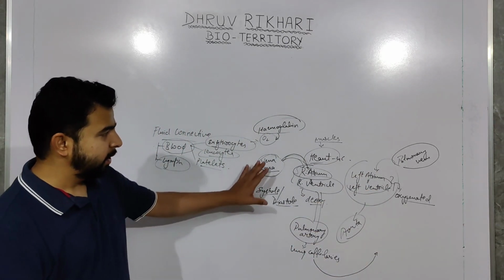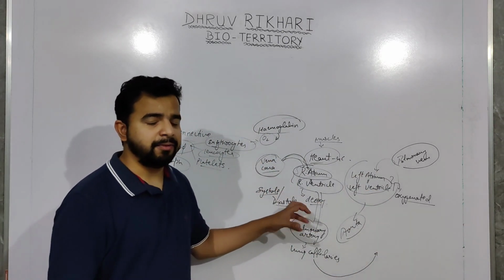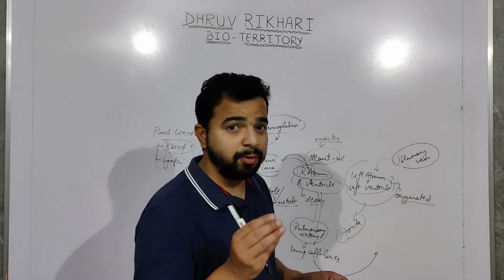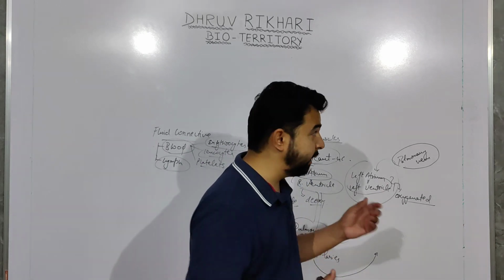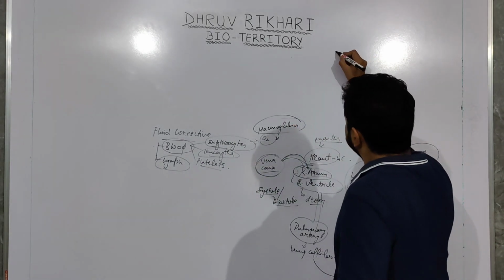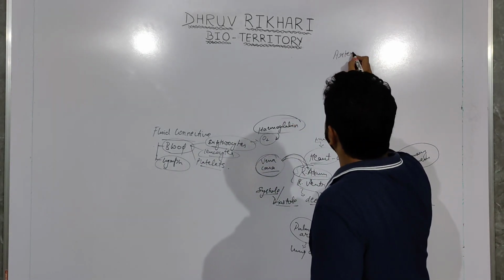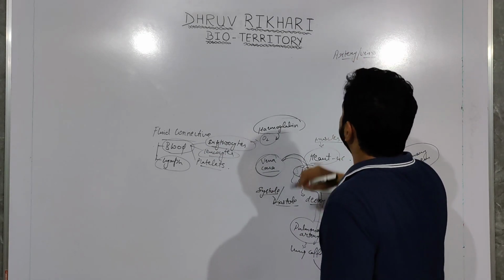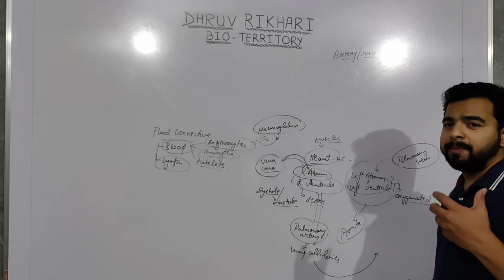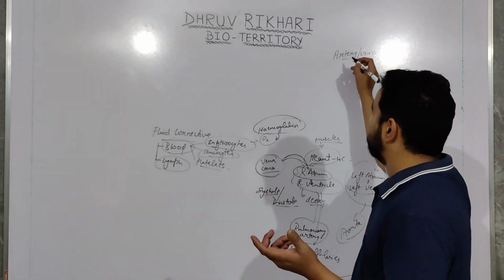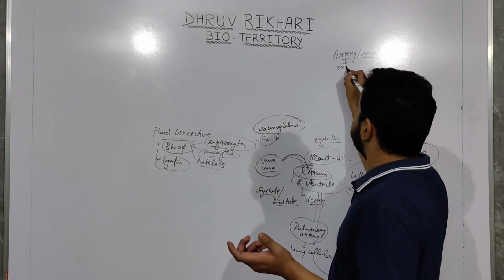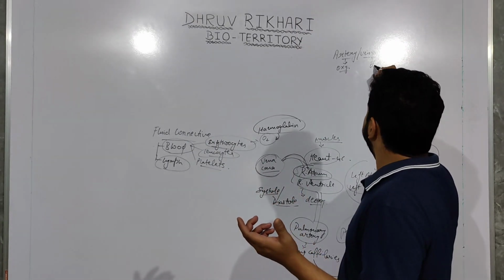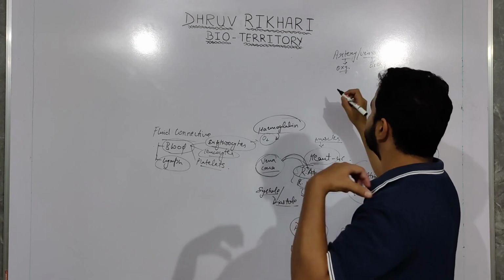Now this diagram may be getting confusing for you, but here are certain terms which you have to remember. First, which is a very important term, is arteries and veins. Now arteries are majorly carrying oxygenated blood in our body, whereas veins carry deoxygenated blood.